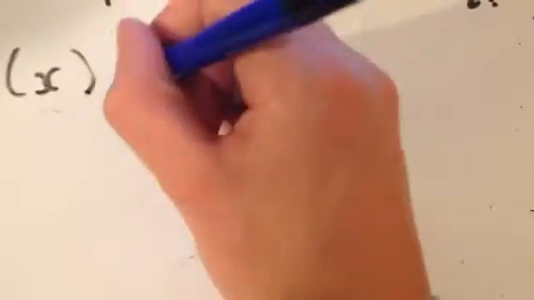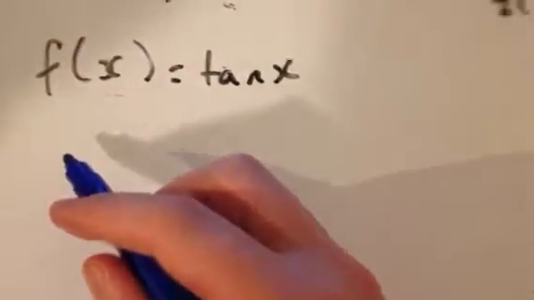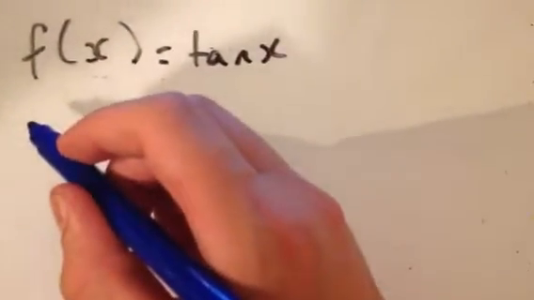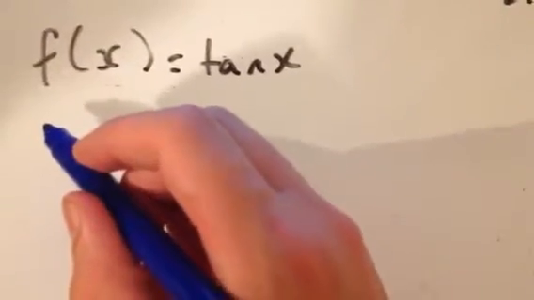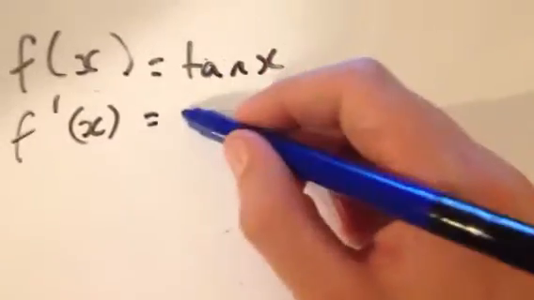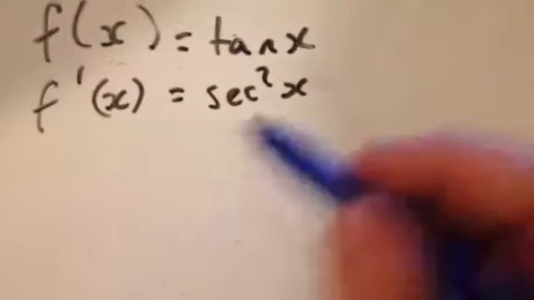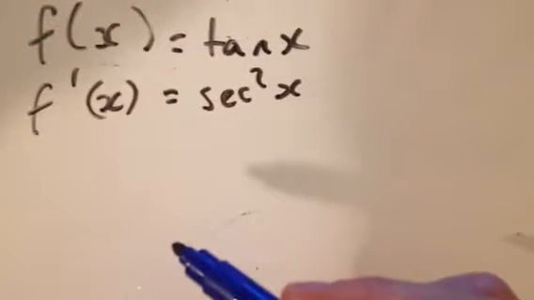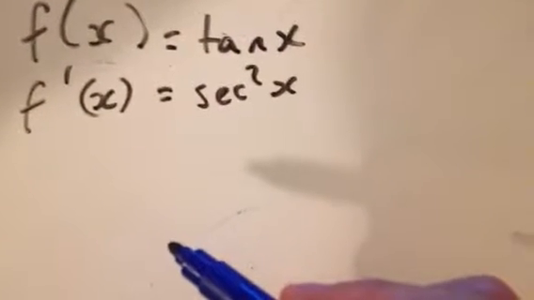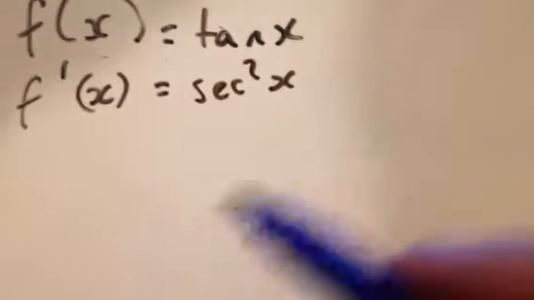So we're going to start by letting f of x be equal to tan x, and we know that we're going to have to differentiate this twice to get the term up to x minus pi over 4 squared. So f dash of x is sec squared x, and to differentiate this we use the standard differentiation of sec x, which is sec x tan x, and the chain rule.